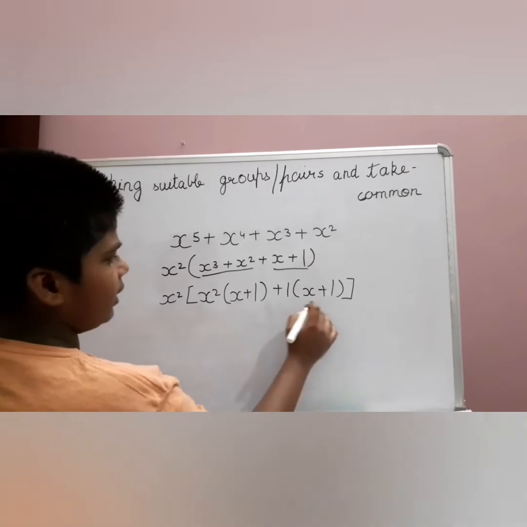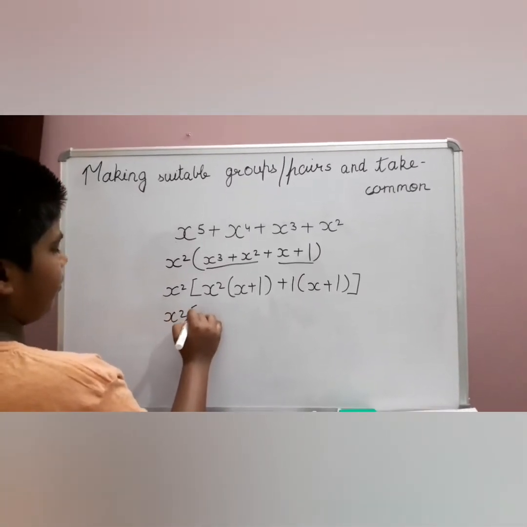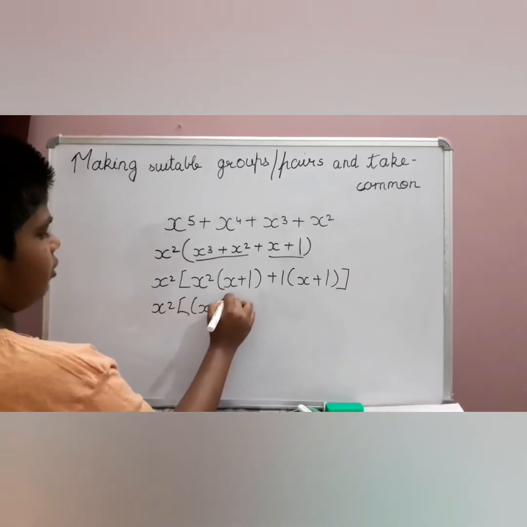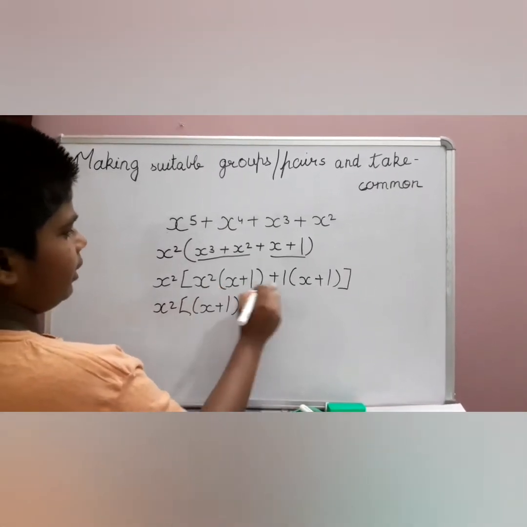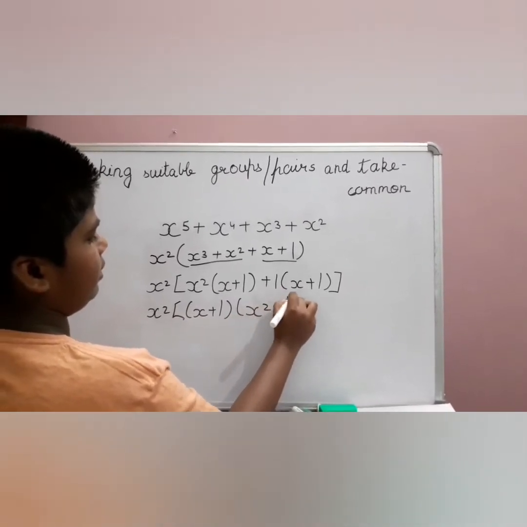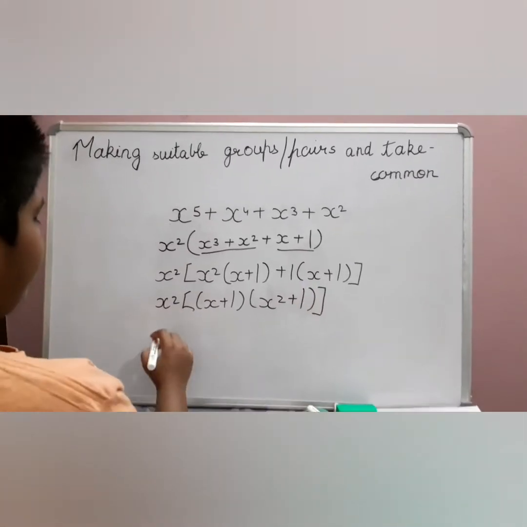So x plus 1 is common, so we will take x plus 1 as common. Then from here x square plus 1 will be left. Now we will break the bigger bracket.